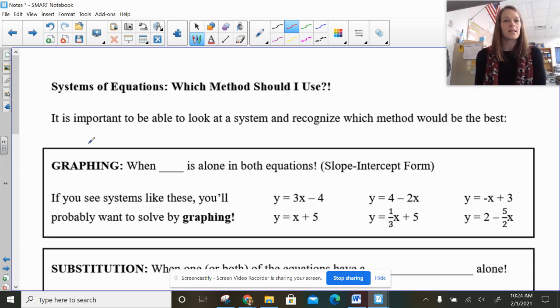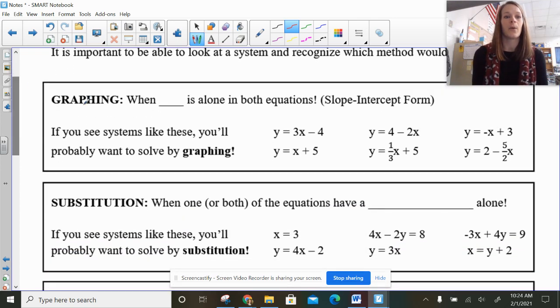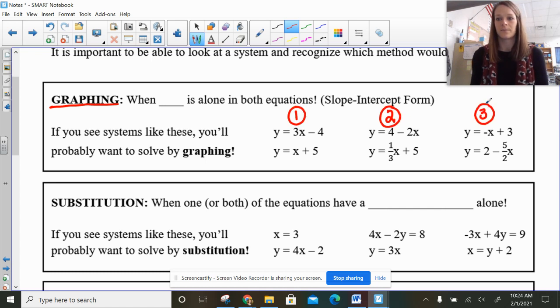All right, so it says it's important to be able to look at a system and recognize which method would be best. So the first thing we're talking about is graphing. Okay, so this is one system, this is another one, and this is another one.